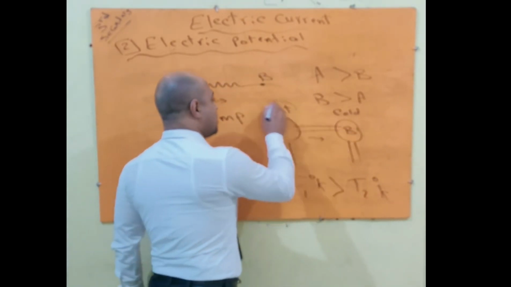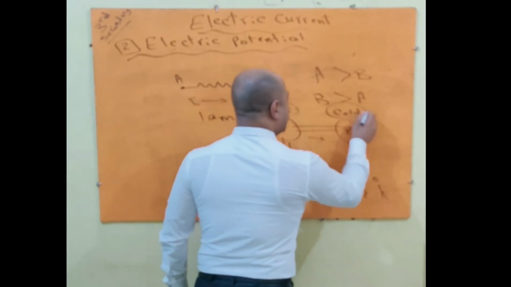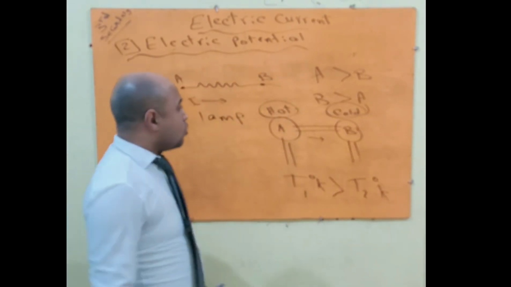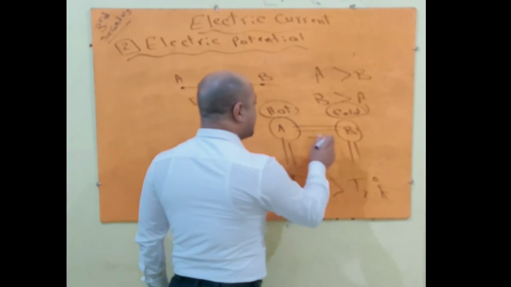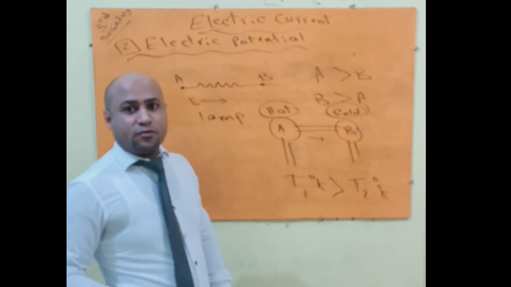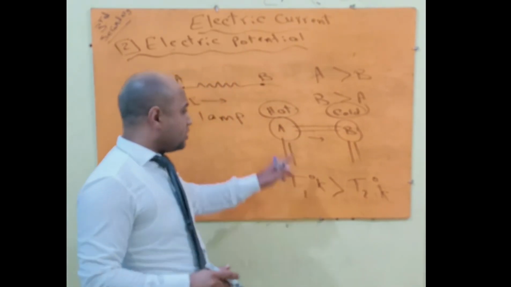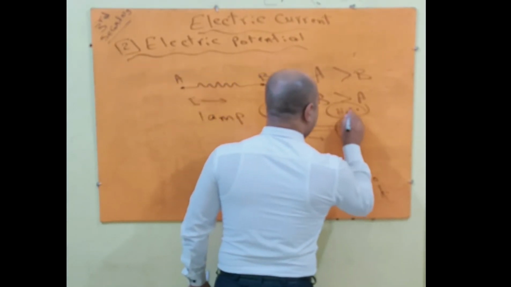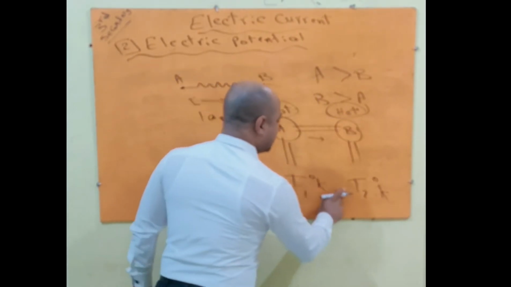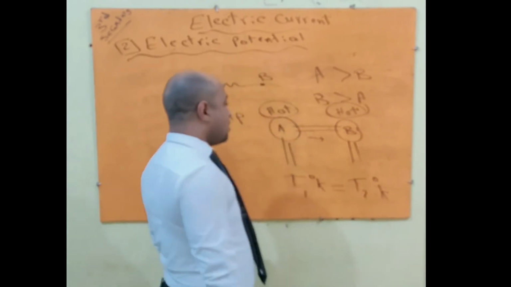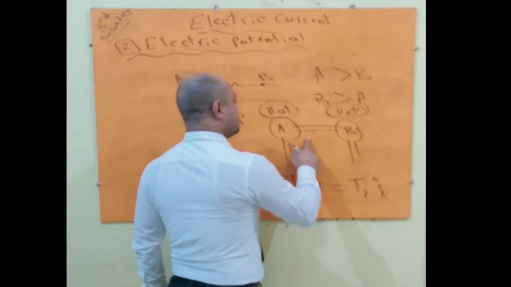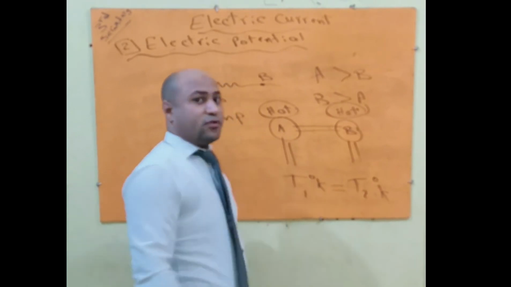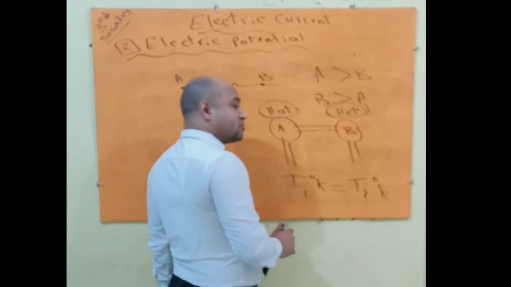Because there is a difference in temperature between them. So what will happen if the temperature of the two objects is equal? Hot and another object is hot. The temperature of the two bodies is equal. No transfer takes place between them, right?